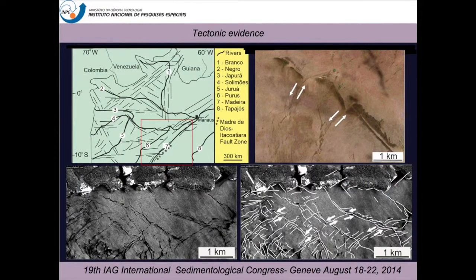Another thing is that if you look at some imagery, for instance Google Earth, you don't need to prepare an image with a lot of processing, but can get images that are already ready for observation. If you look at the bottom of many rivers in the Amazon, and also at the bottom of lake systems, you see these faults. They are all there. These are from underwater areas.